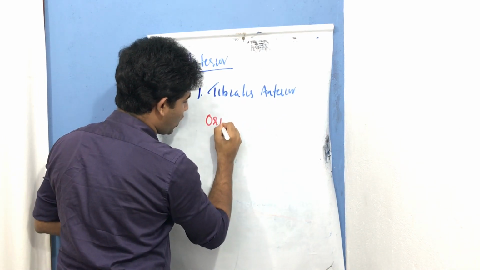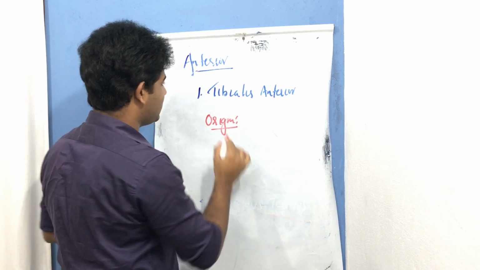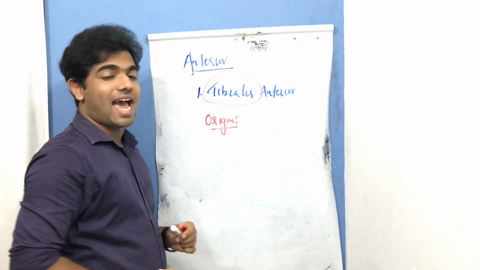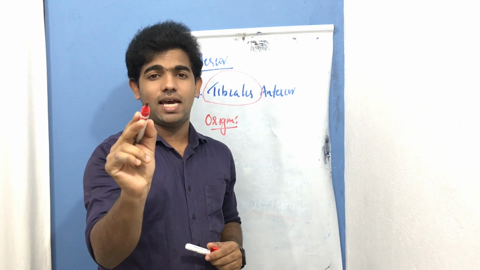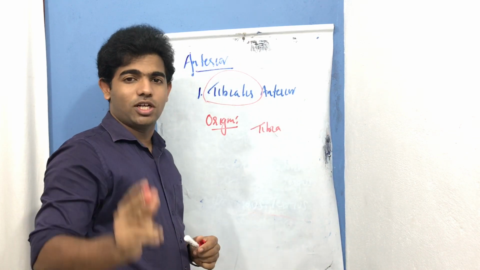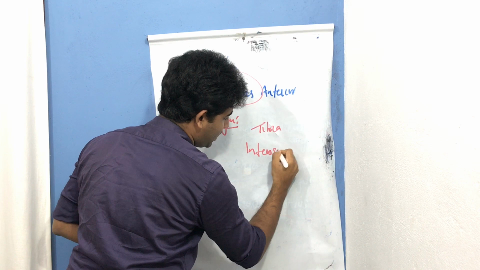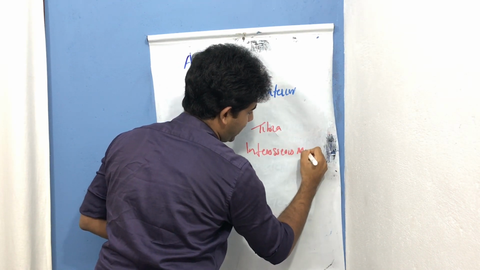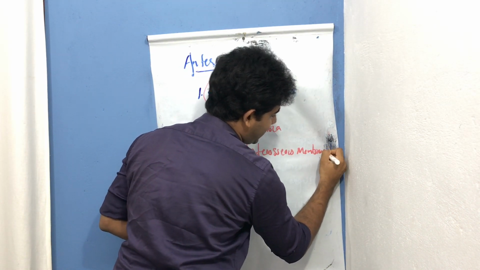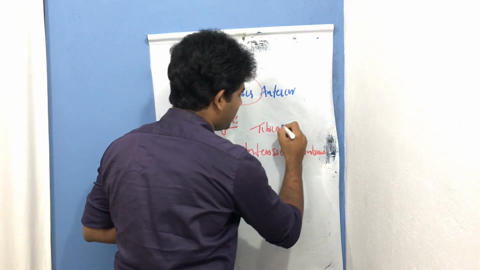What is the origin of this muscle? Just imagine this refers to tibialis. When there is tibialis, this muscle originates from the tibia, right? We got the first point. Then we have the common point that these muscles originate from the interosseous membrane. Now, where from the tibia?